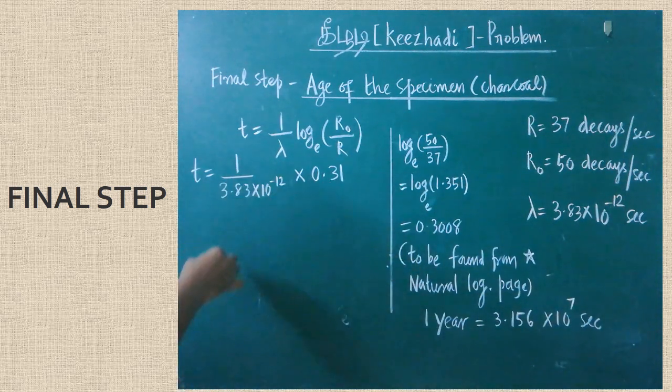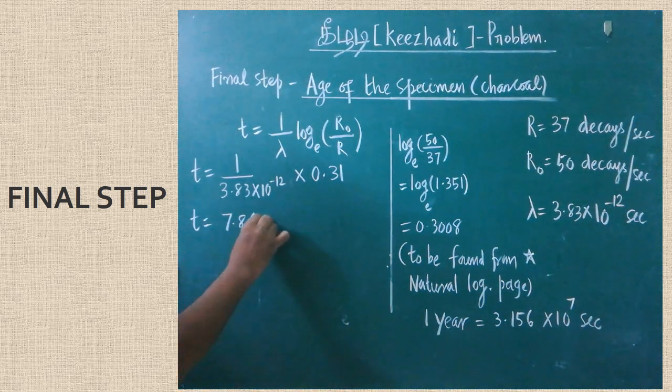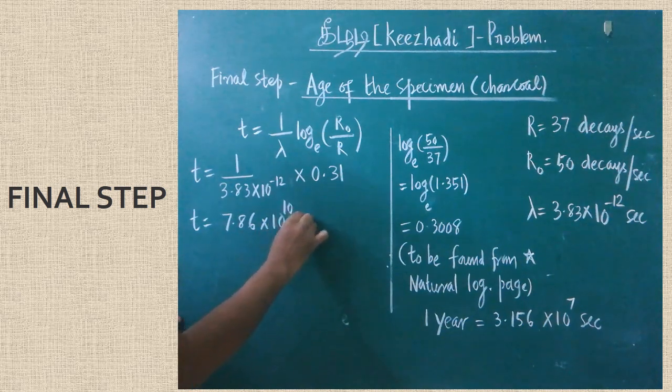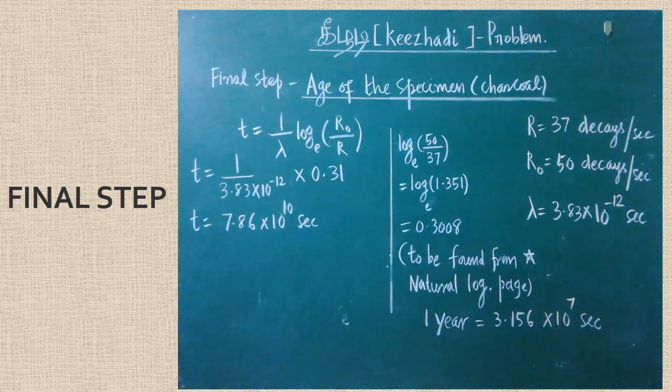So after calculation, the answer will be available in terms of seconds. The answer will be 7.86 into 10 to the power of 10 seconds. So this is the age of the charcoal. Are you clear? Age of the specimen.